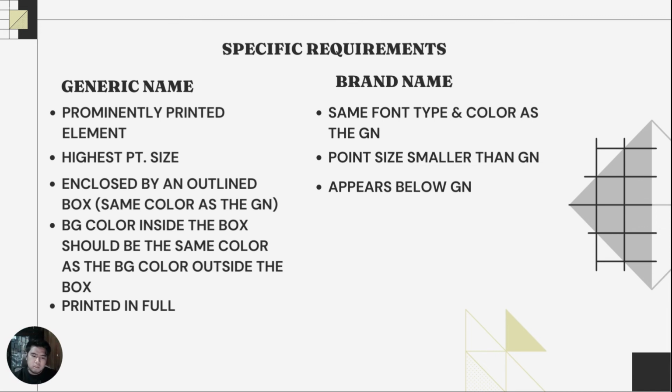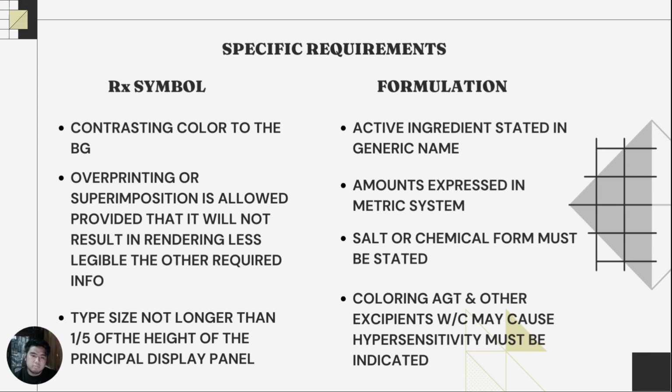Moving on to the Rx symbol that is seen here in the principal display panel. The specifications that it requires are that it should be a contrasting color to the background, with overprinting or superimposition provided that it will not result in rendering the other required information in a less legible manner.